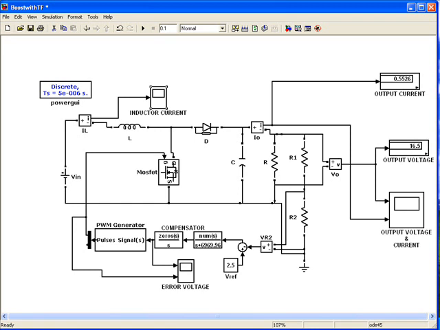This compensator transfer function is given to the PWM generator where the pulses are obtained, and these pulses are given to the gate of the MOSFET. Three scopes are used here: one for the output voltage and output current, a second for the error voltage and gate pulses, and a third for the inductor current. Now I am going to simulate the circuit.